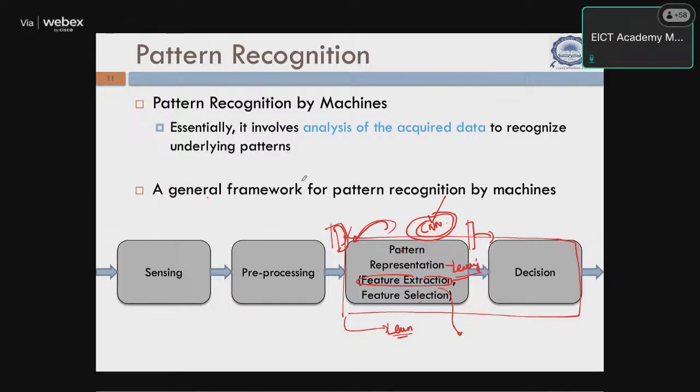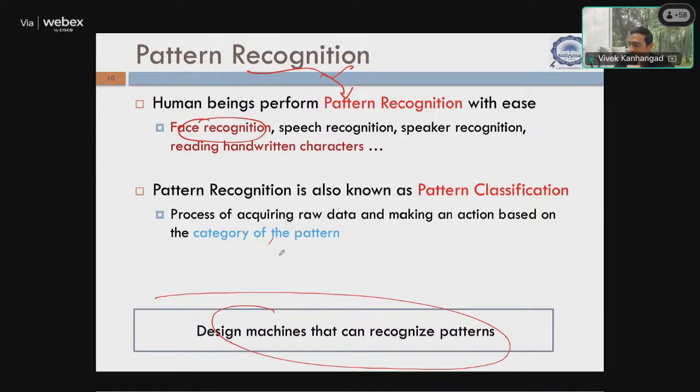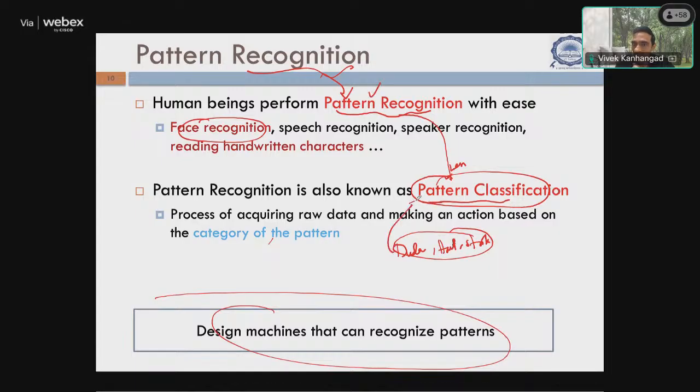So Snehal, yes, that's correct. I may not have indicated at that point, this is a less popular term. It's actually the same: pattern recognition and pattern classification. In fact, the classic book on pattern recognition is by Duda, Hart, and Stork. These three authors call it pattern classification.